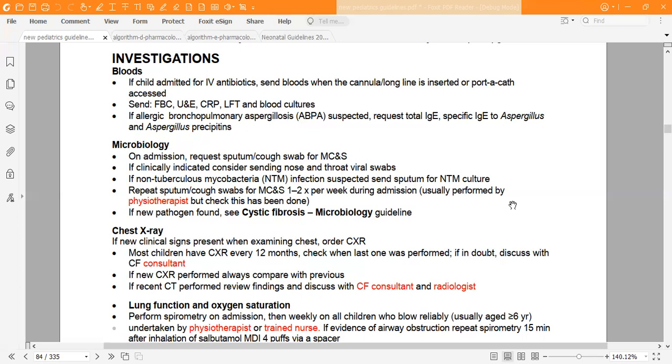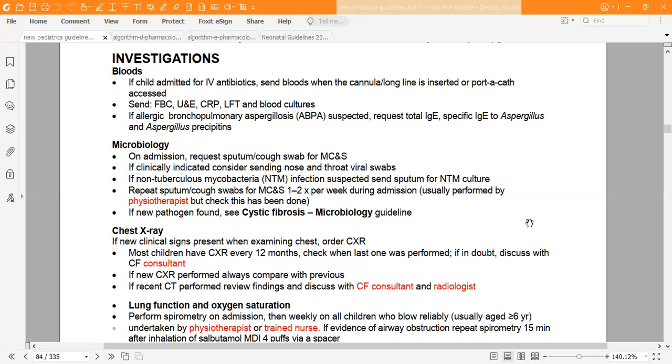So the physiotherapist will help out with this, but check this has been done. If a new pathogen is found, this is written in the microbiology guideline, which we will read later as well. According to the pathogen, we will start the specific antibiotic for the child.